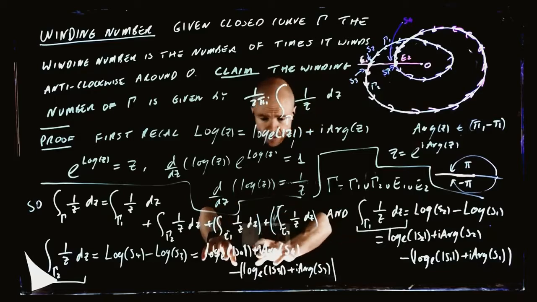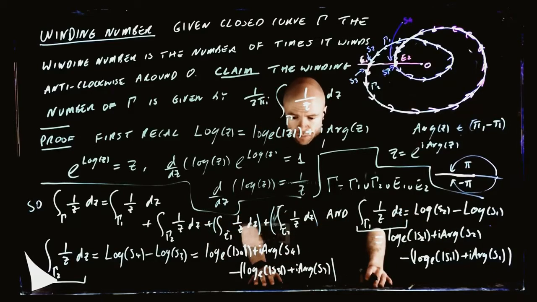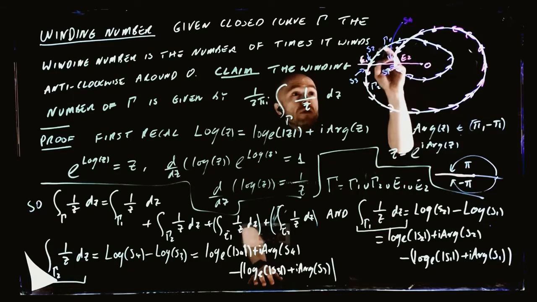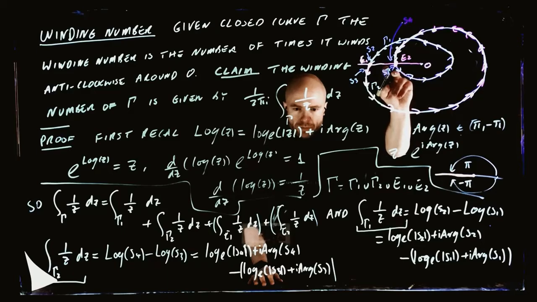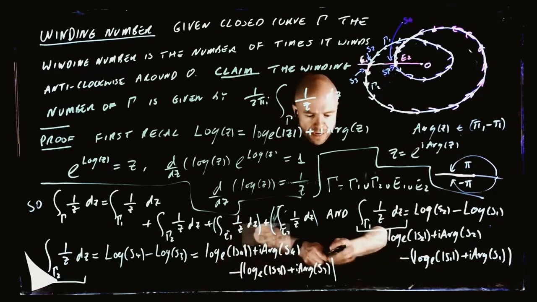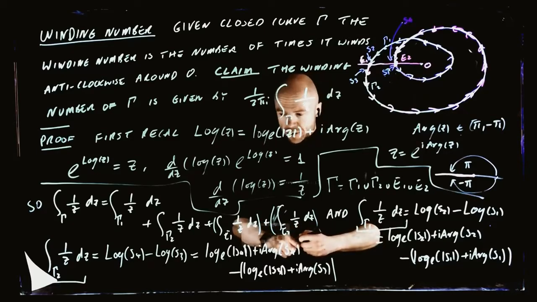So let's see why. If we add this to this, we know that the absolute value of S4 is very close to the absolute value of S1, so these guys will cancel.